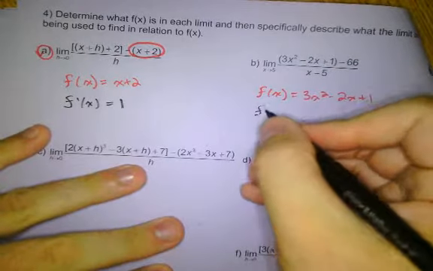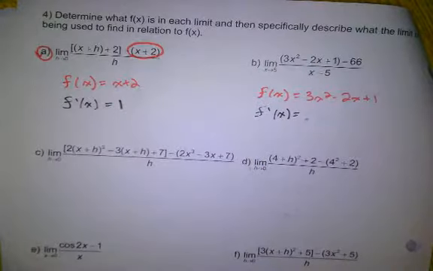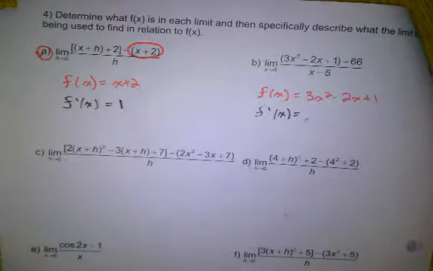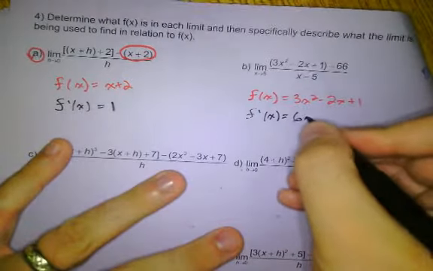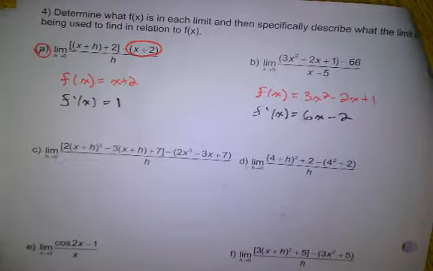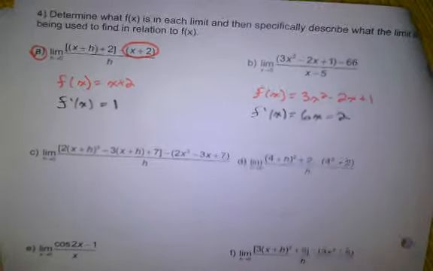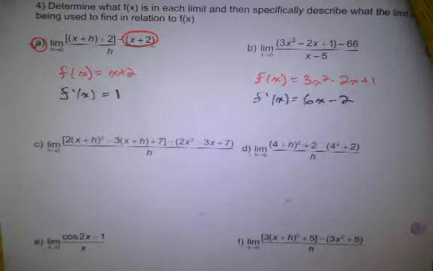This derivative, anybody think they know what it is? 6x minus 2. You'll start to notice a pattern soon, I think. I'll just keep doing these for you until you're like, oh my gosh, it was right there in front of my face the entire time. Did anybody figure it out yet, just from me saying that? What do you think it is?